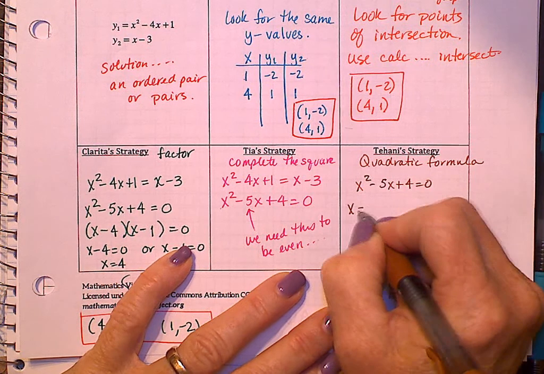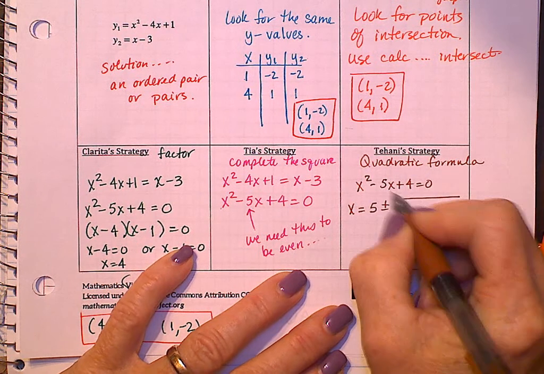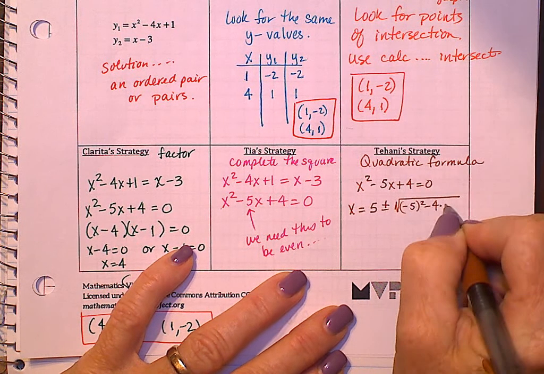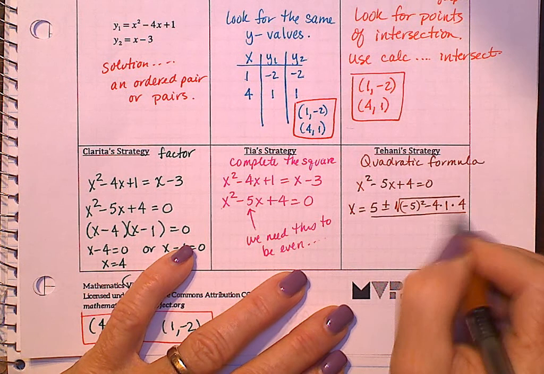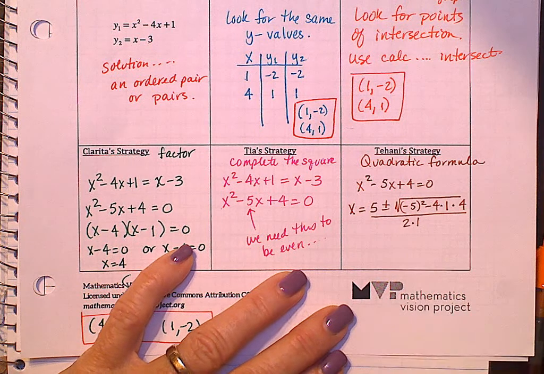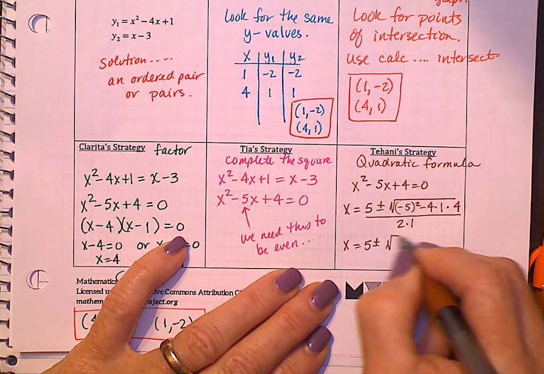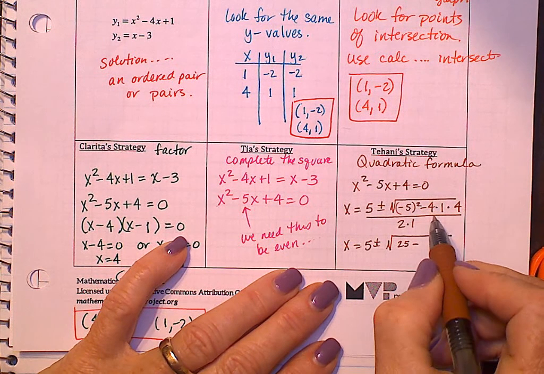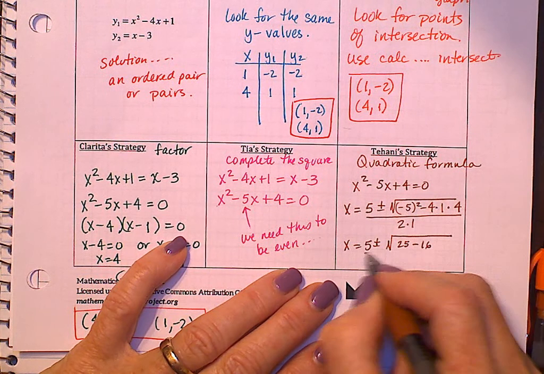X is opposite b, so 5 plus or minus the square root of b squared minus 4 times a, which is 1, times c, which is 4, all over 2 times a. We'll have 5 plus or minus the square root of 25 minus, oh boy, 4 times 1 times 4, 16, all over 2.